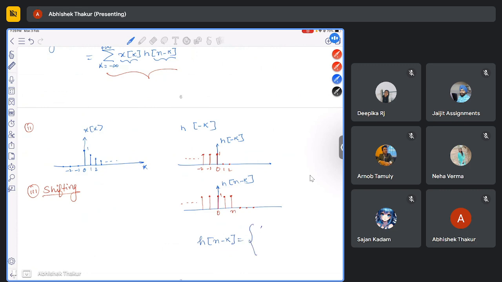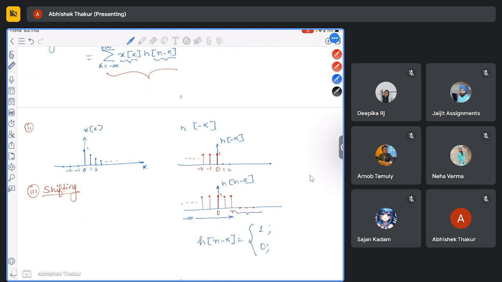This will be equal to 1 from minus infinity up to n, and it will be 0 for this part.